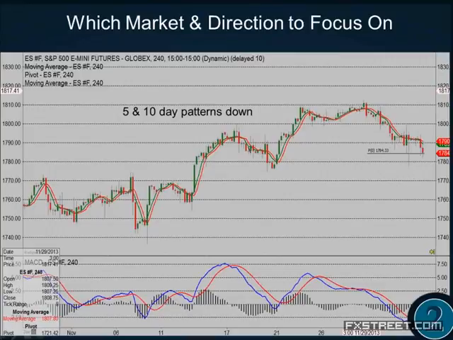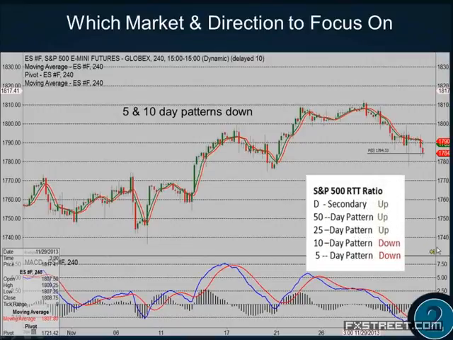U.S. stock market, pretty established bull market, though. This is the case where I would peel back, and I want to see the big picture. Just because my 5 and 10 are down, that doesn't necessarily mean I'm going to jump in and get short. I want to see what those higher time frame patterns are all about. And trust me, they didn't design stock indices to go down, right?